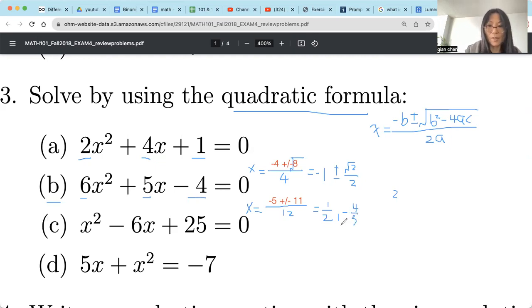What does this mean? This means that if we have rational solutions, the original equation can be factored.